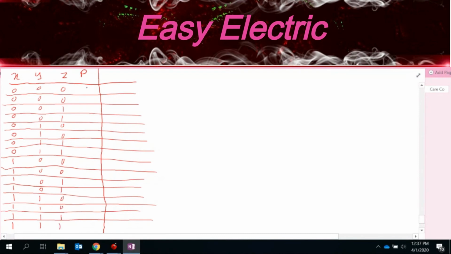Okay, and the P should be just 0 1 0 1 0 1 0 1 0 1 0 1 0 1 0 1. So see, this is all the possible bit patterns that you could make with 4 variables, right? So you have all 16 different bit patterns that you could make whenever you follow this pattern.